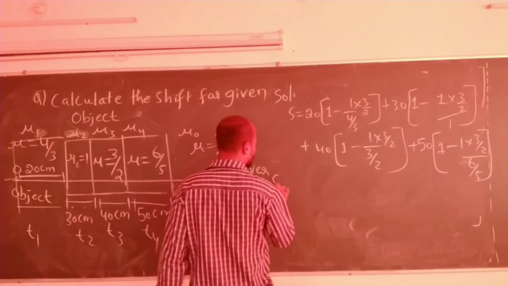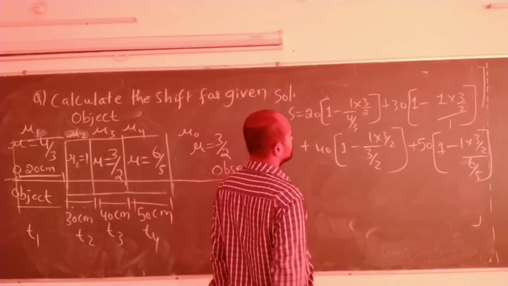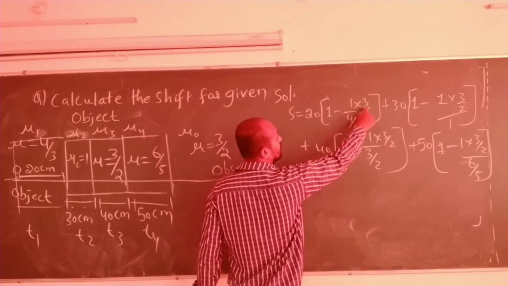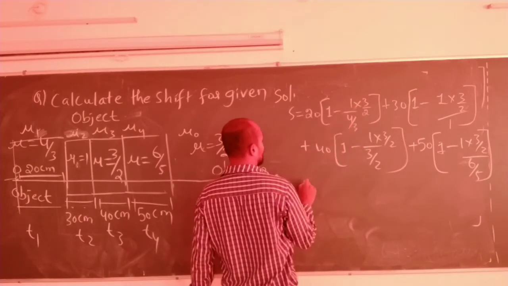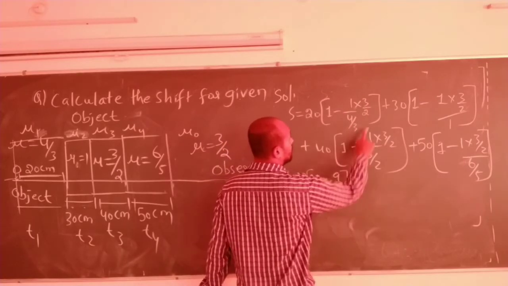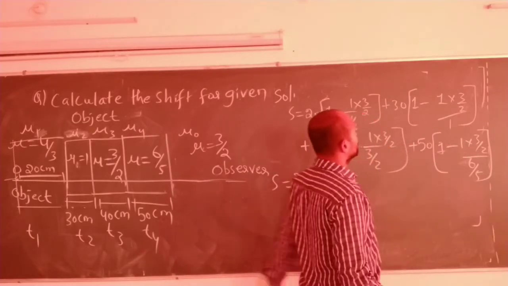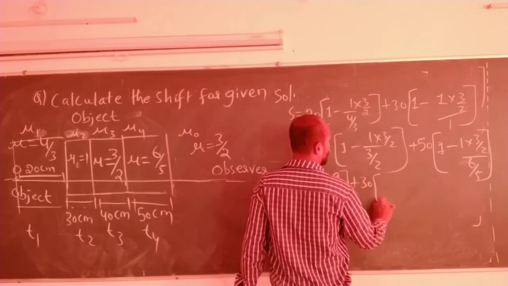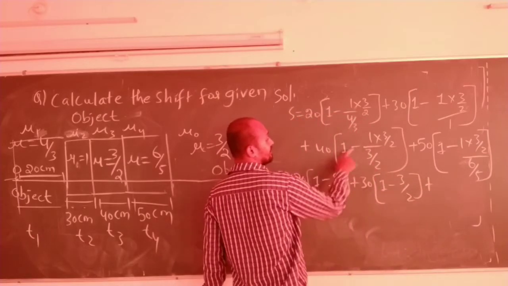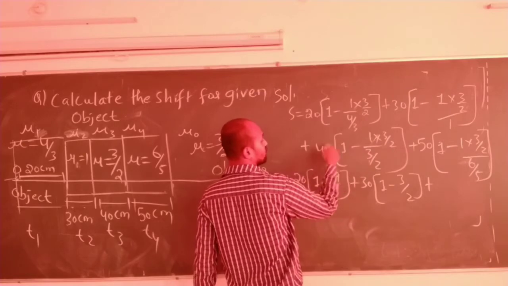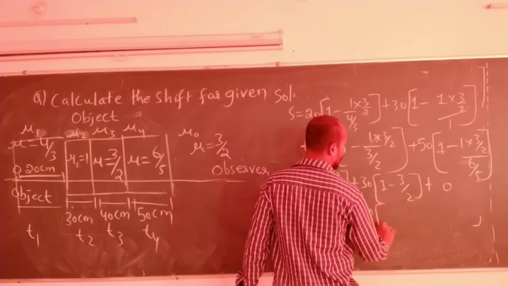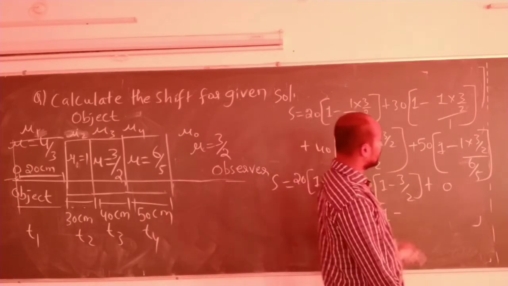Solve for this. If you solve for this, how much you get? See here, this is 3, this 2 will come down, 8, 3, correct now? So 20 into 1 minus 9 by 8 plus, this will become 3 by 2 only, so 30 into 1 minus 3 by 2 plus, this will get cancelled, 3 by 2 will get cancelled, 1 minus 1, 0 plus 0 plus 50 into 1 minus, this will go down.